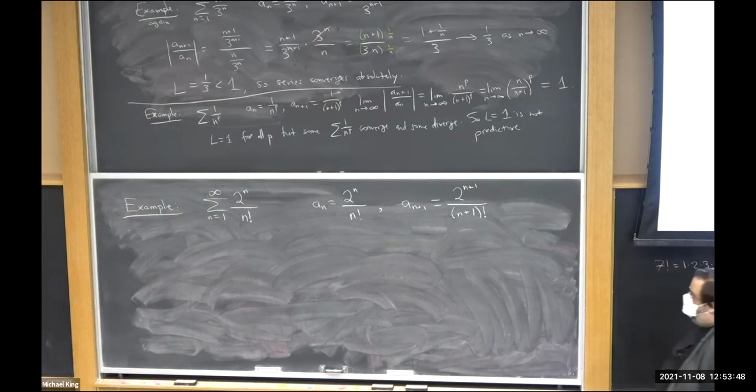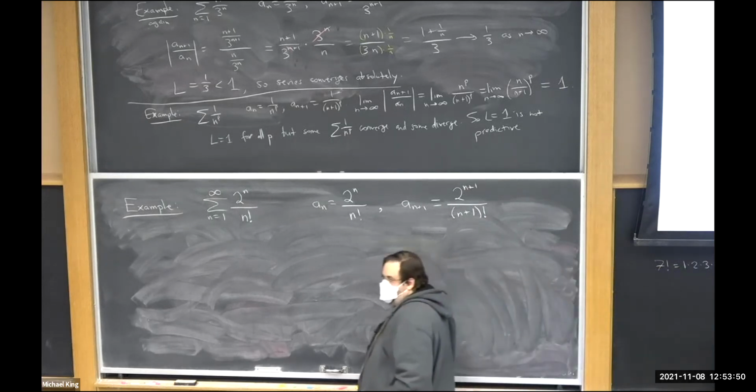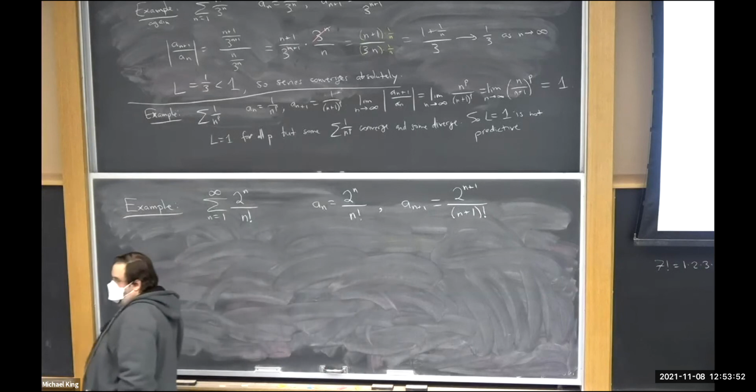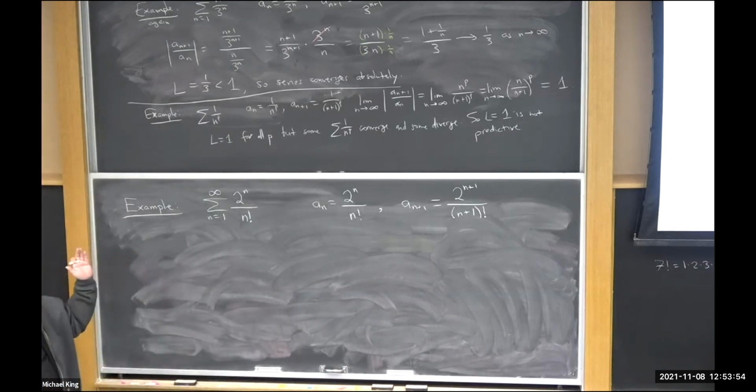Another minute or two. Cancellation is the interesting part here, how this cancels. If you're not sure, you might think about a specific n. Try n equals 6. Try the 7th term over the 6th term and see how they actually cancel.